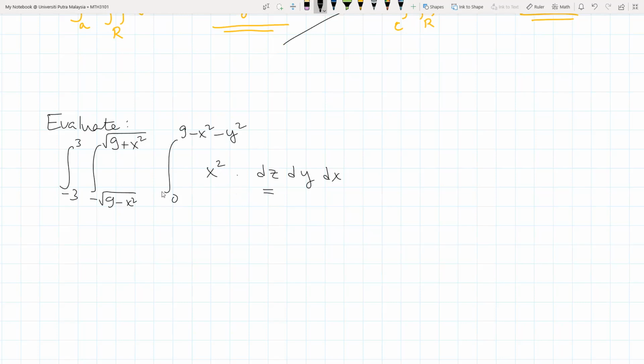So I can say this is just z equals 9 minus x squared minus y squared. It goes from 0, so it's above the xy plane. And when z equals 0, this is just a circle, x squared plus y squared equals 9.